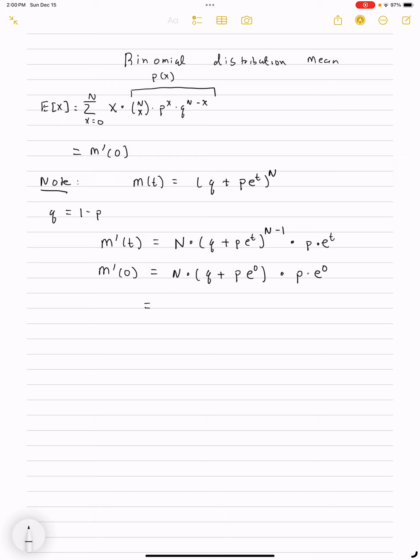We're going to get n times (q plus p) times p. And now, using the formula that q is equal to 1 minus p, if we substitute that in and use that relationship, we're just going to get n times p, and this is the expected value, or the mean, of a binomial distribution.